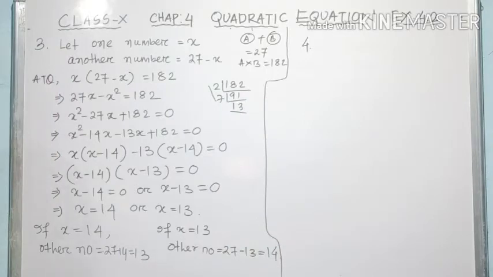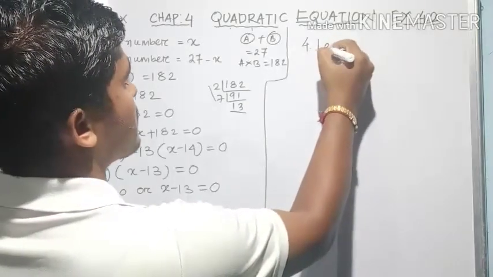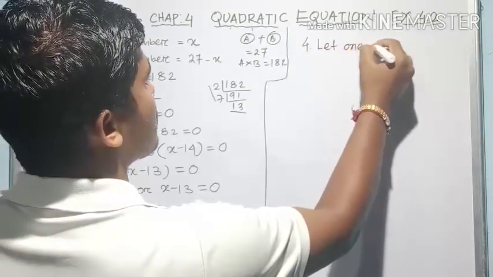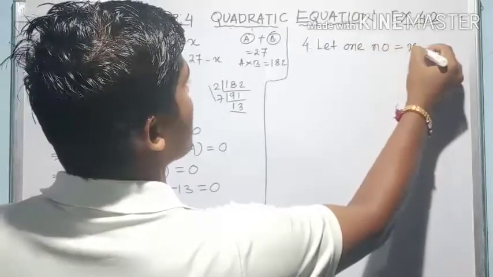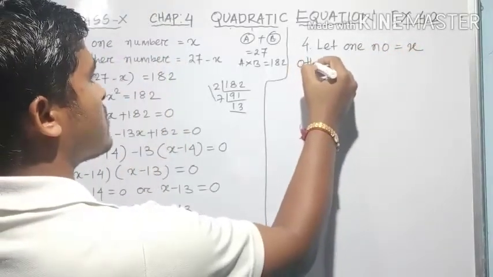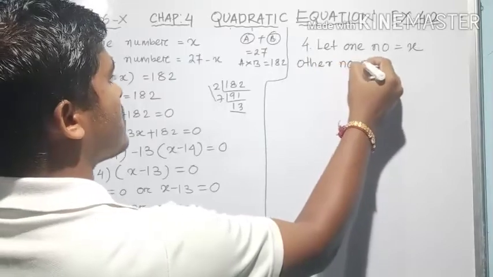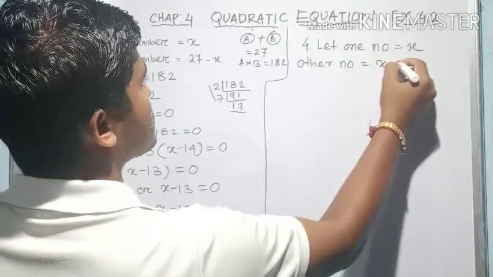Question number 4. Find two consecutive positive integers, the sum of whose squares is 365. Two consecutive integers means if one is x, then the other one will be x plus 1, the next number. So let one number be x, and the other number is equal to x plus 1.